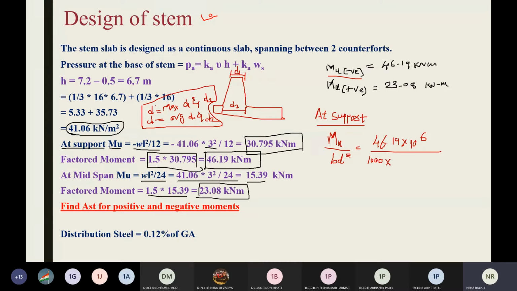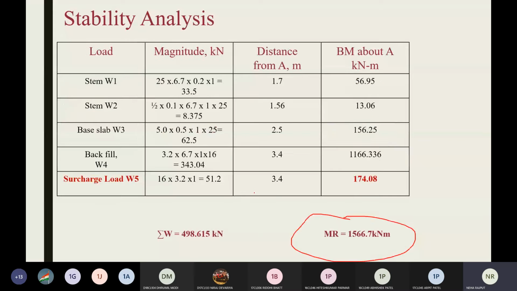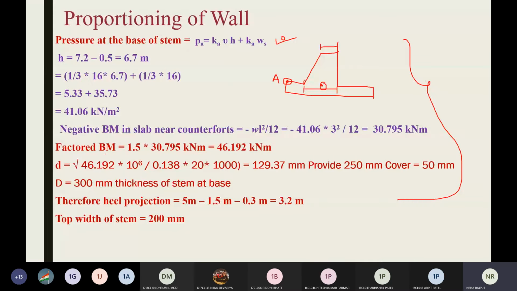So here I am taking the maximum value. Now in my proportioning figure, the stem at base dimension is 300 mm, and at top is 200 mm. Right, so capital D is equal to 300 mm.